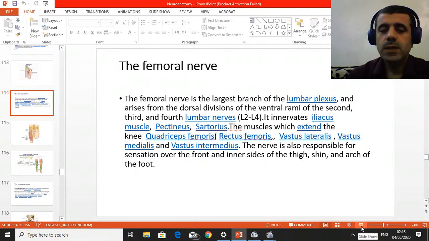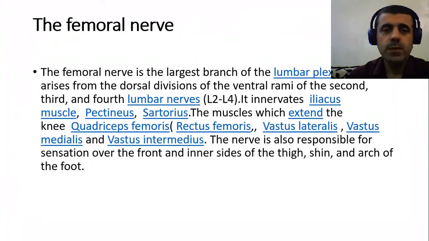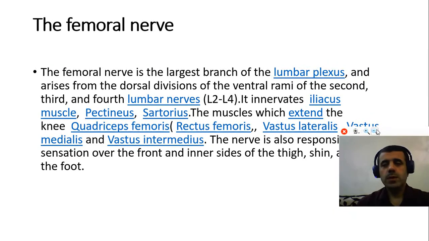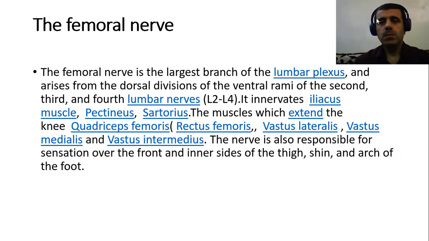We will start our talk about the femoral nerve. The femoral nerve is one of the major peripheral nerves in the lower limb. The femoral nerve is the largest branch of the lumbar plexus.